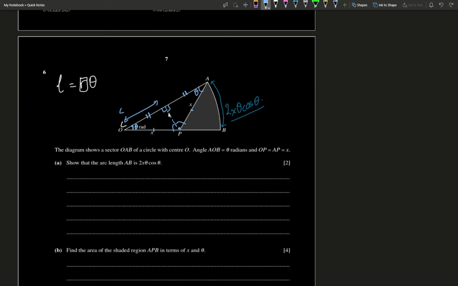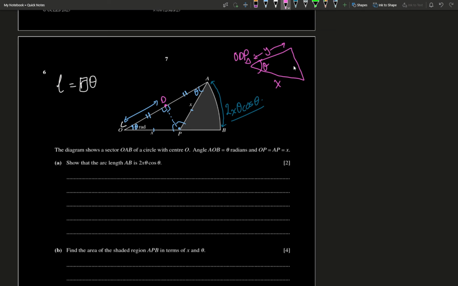As you can see here, we have a right angle triangle. Let's call this point D. We have right angle triangle ODP, let me draw it again here. Okay, we have this angle theta and we want to find the side length DP, let's call it y.